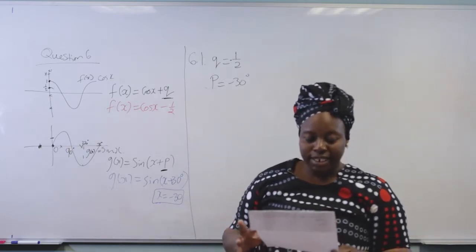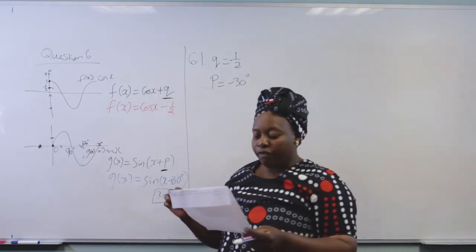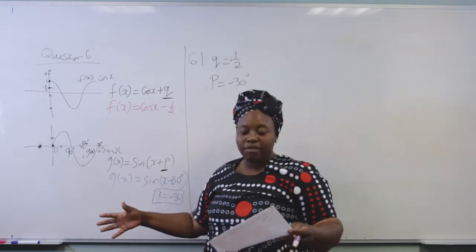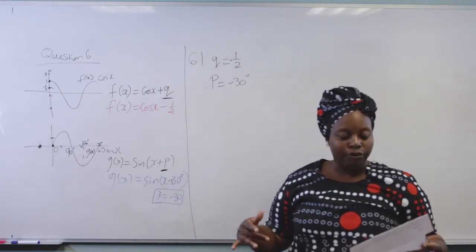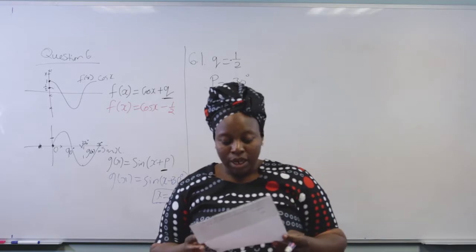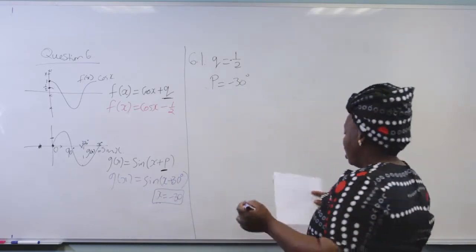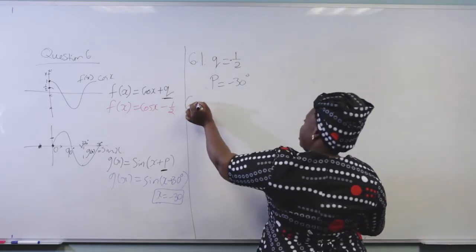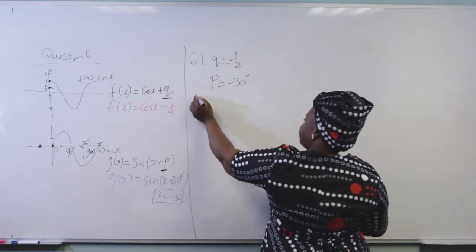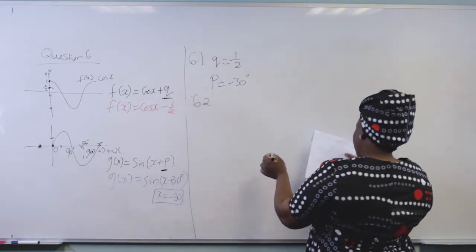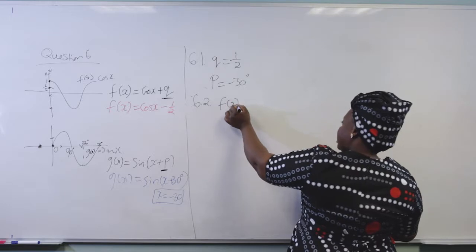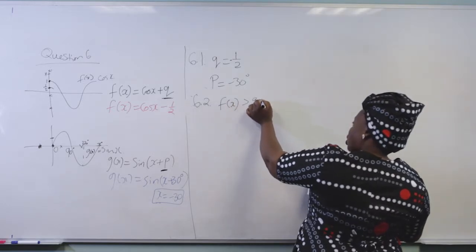6.2, they said: determine the values of x in the same interval, negative 240 to 240, for which f of x is greater than g of x.